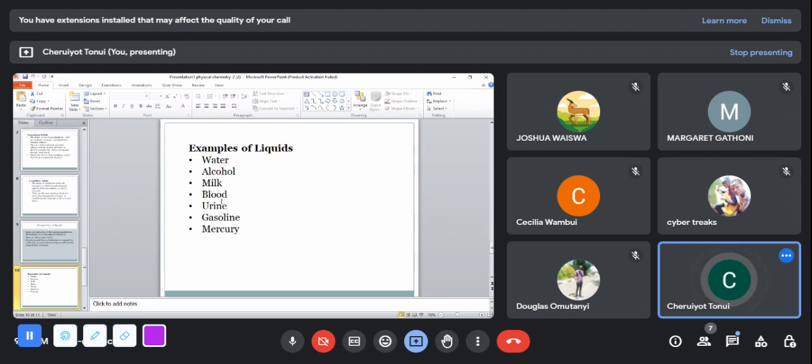Examples of liquids are water, alcohol, milk, blood, urine, gasoline, or mercury. These are examples each of you must have interacted with in our daily activities.